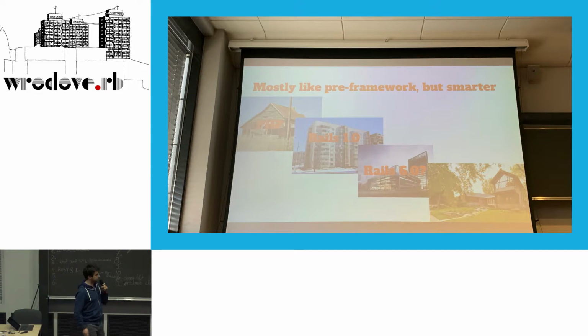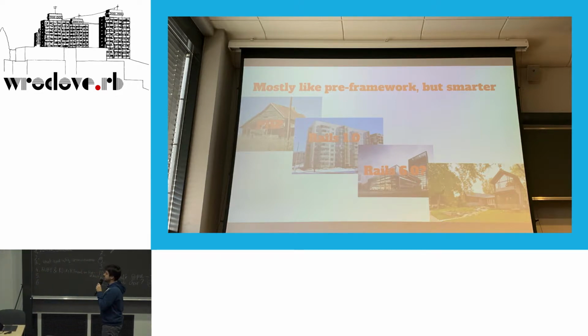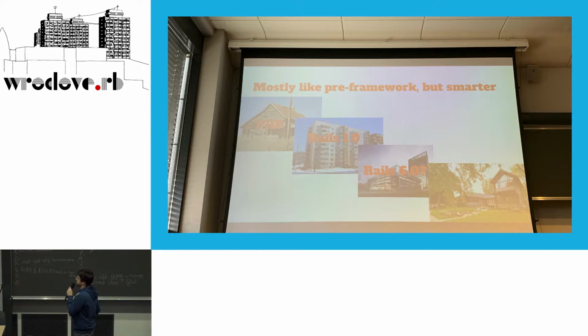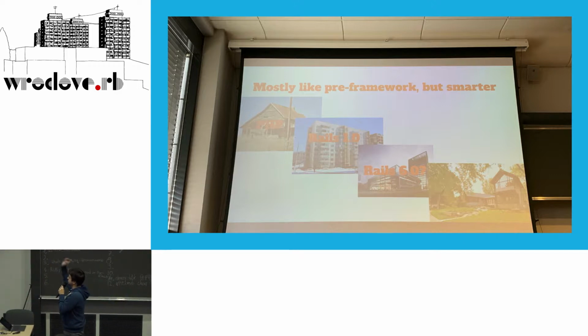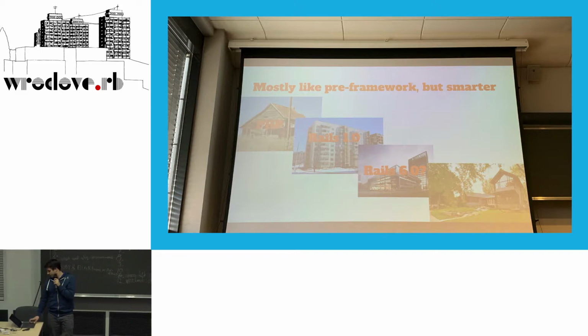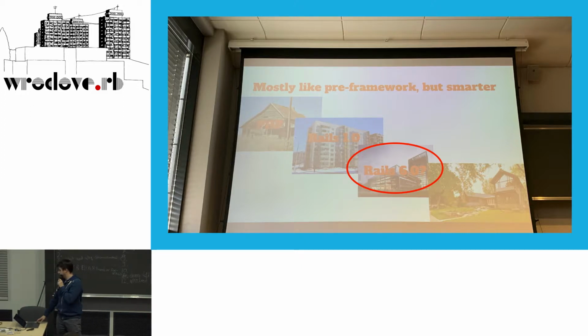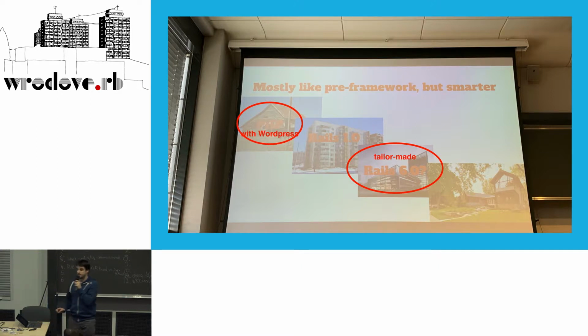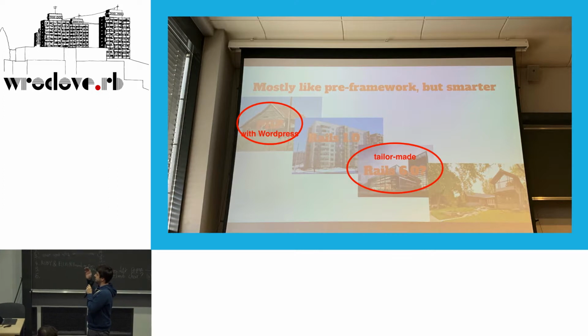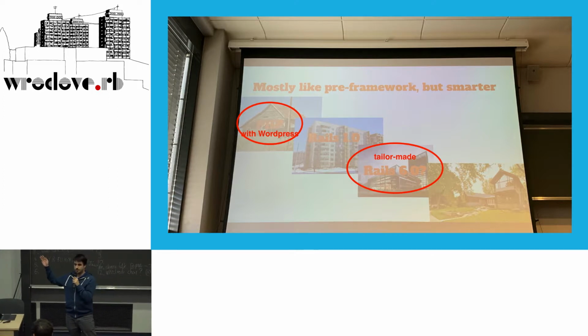I borrowed this slide from a previous talk. It's not very visible, but you can see it says PHP, Rails 1.10, Rails 6, and so on. Rails 6.0 and PHP. When I do it a little better, PHP with WordPress or tailor-made Rails 6.0.